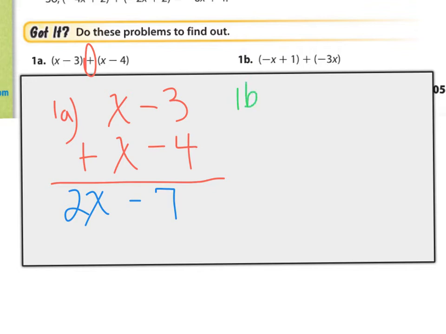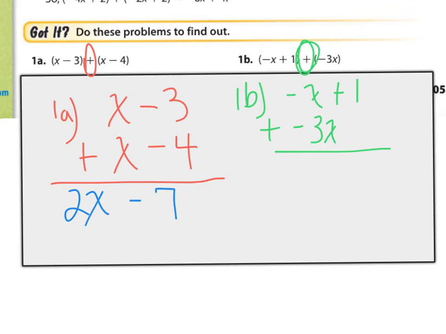Now let's try 1b. So for 1b, again, I'm going to place them vertically, one on top of the other. I have negative x plus 1, plus, again, focus on our computation, negative 3x. And you can see that I'm not adding anything to the 1, right? Right there, nothing's going under the 1.